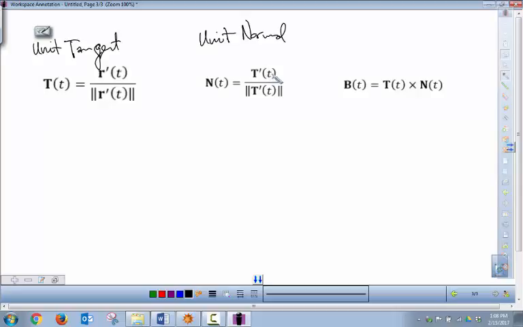Now, the thing about taking this derivative is that when you take the derivative of this unit tangent vector, it may not be of unit length anymore. And so just to ensure that it's unit length, you want to divide it by its magnitude. So this, I think, is the trickiest one. And then the last one is easy because you're just crossing the previous 2 vectors that you found. So this is your unit binormal.